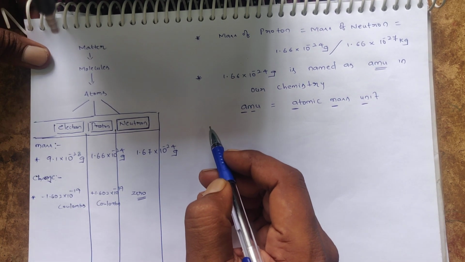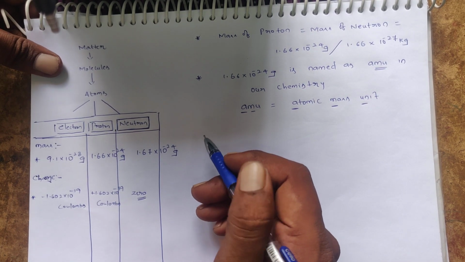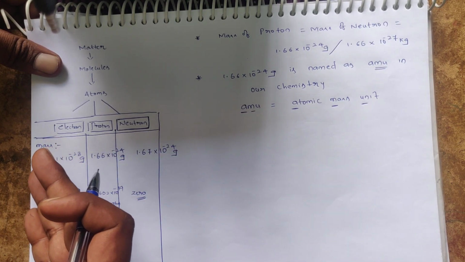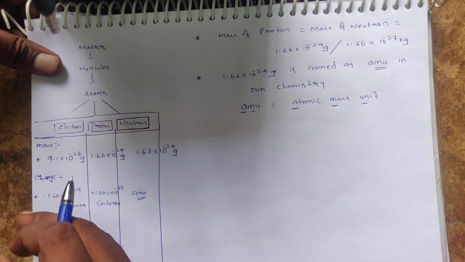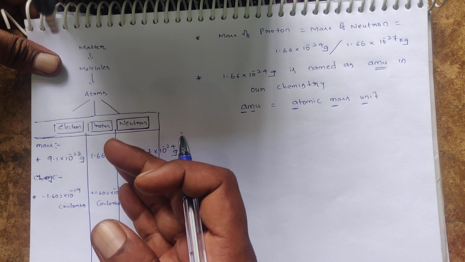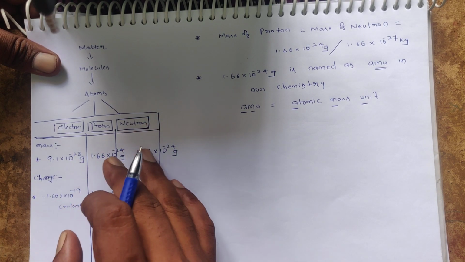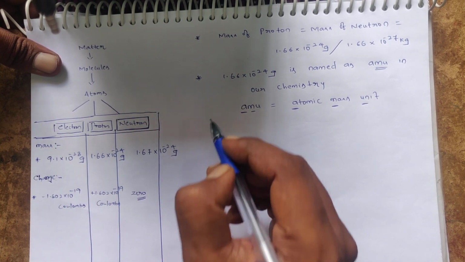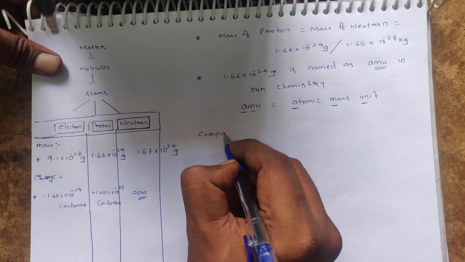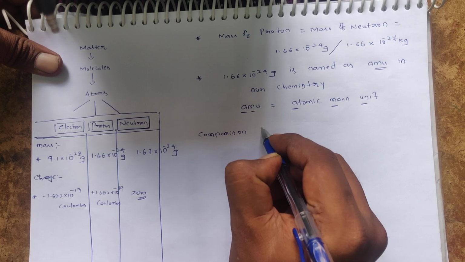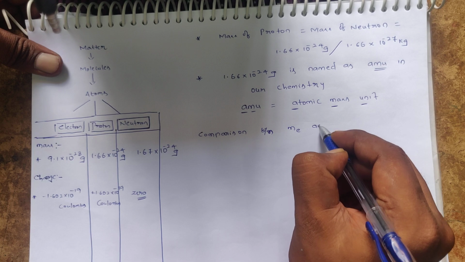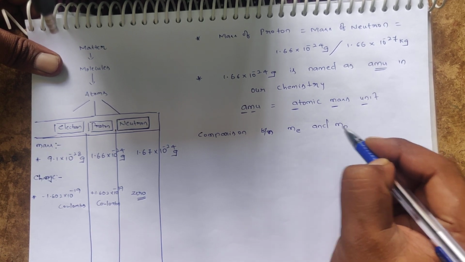So now come to the comparison between the masses of subatomic particles, especially electron and proton. If you compare electron with proton, automatically it is similar for neutron also, because mass of proton and neutron are the same. Now come to the comparison between mass of electron and mass of proton.